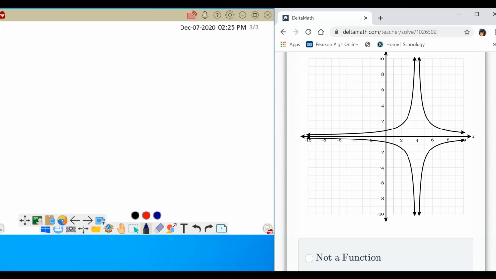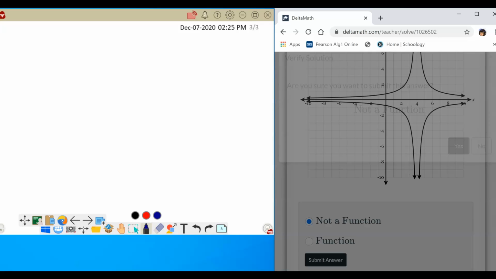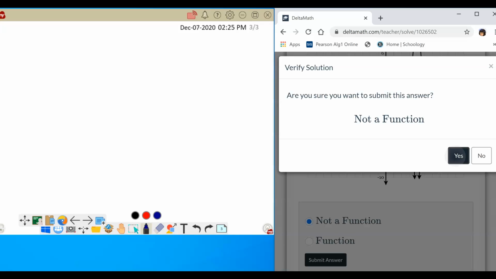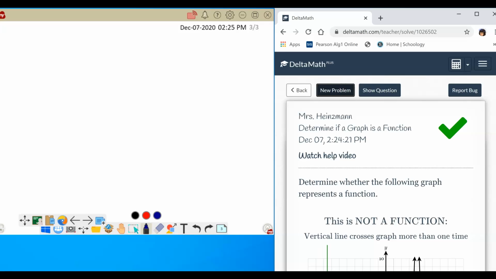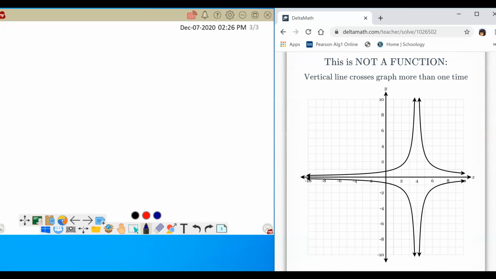When x is 1, y wants to be 1, y also wants to be -1. Okay? When x is 7, y wants to be 1, or it wants to be -1. That is not a function, that is a relation. Let's watch and see. See, watch as we move the vertical line.